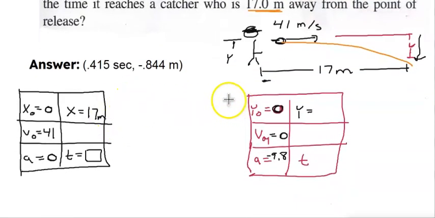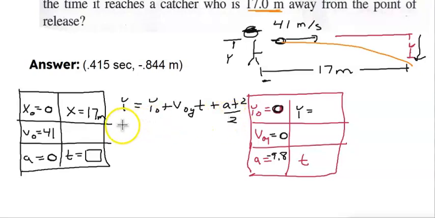So let's do it here. Y, you know more about the position, right? So we're going to start with the position function. We don't know what Y is. That's what we're looking for. Y naught is 0 because we didn't know it, so it made sense to call that the reference.